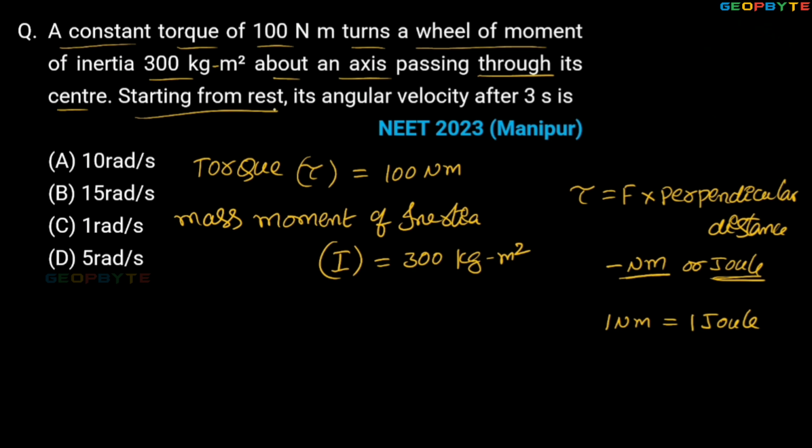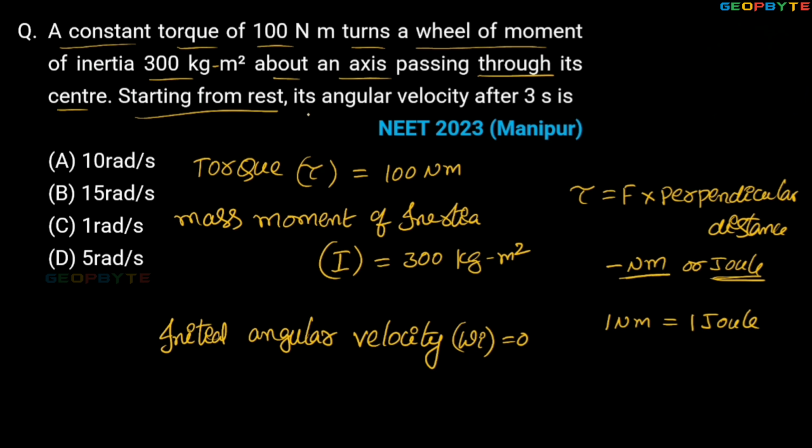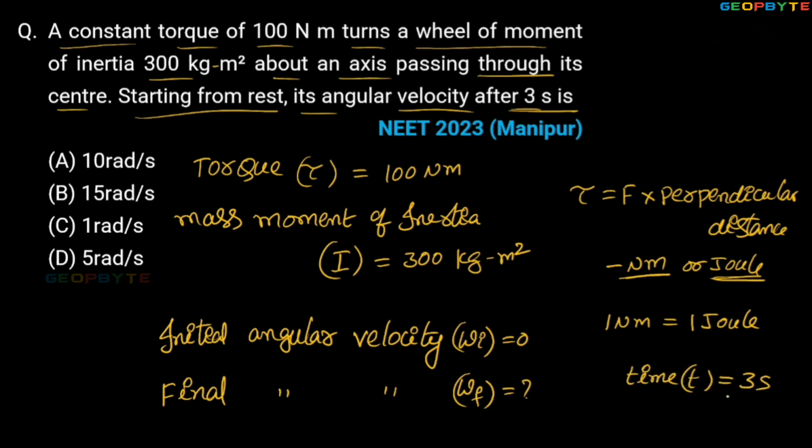Starting from rest means initial angular velocity omega i equal to 0. Its angular velocity after 3 seconds, that means final angular velocity omega f equal to how much after time t equal to 3 seconds. That is the question.